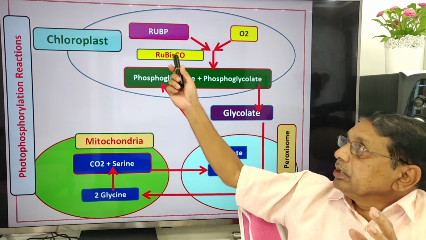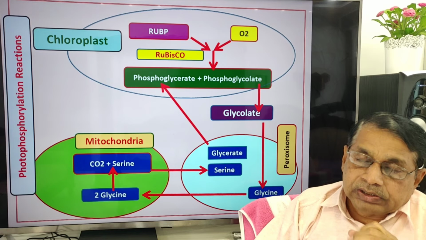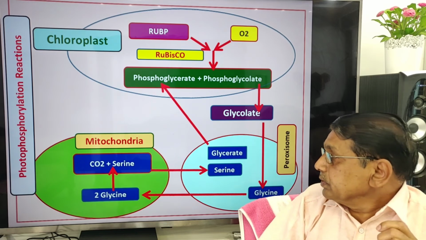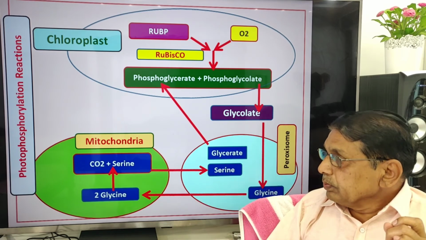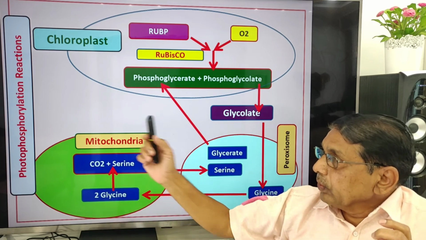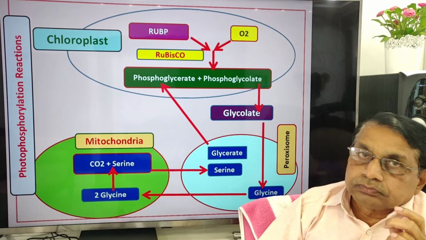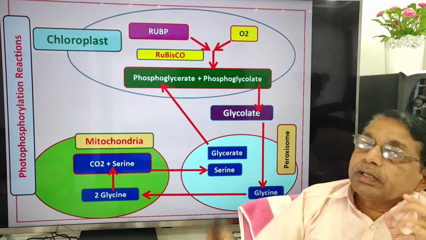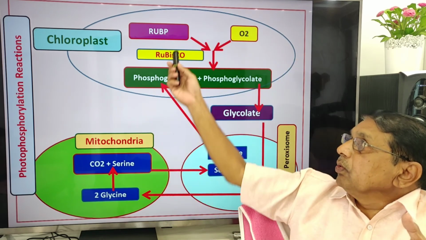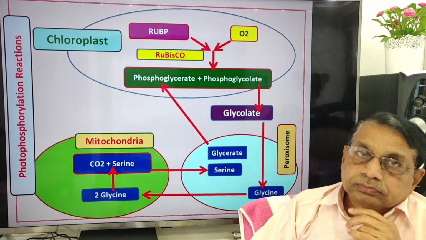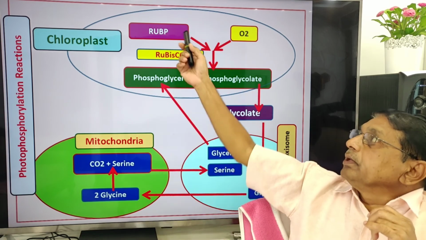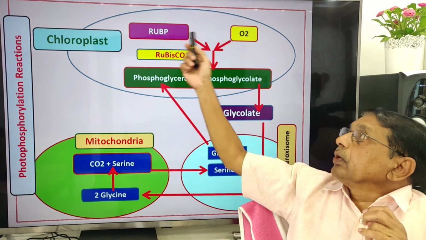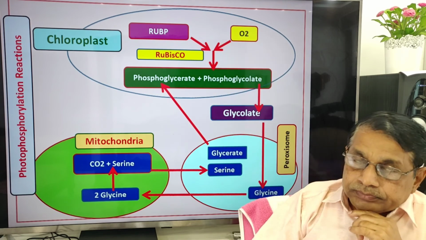Again, three cell organelles: chloroplast, peroxisomes and mitochondria. When oxygen is more in concentration, Rubisco binds RuBP and oxygen.